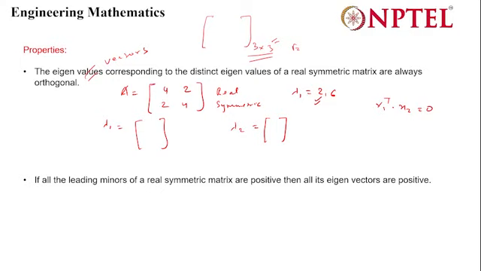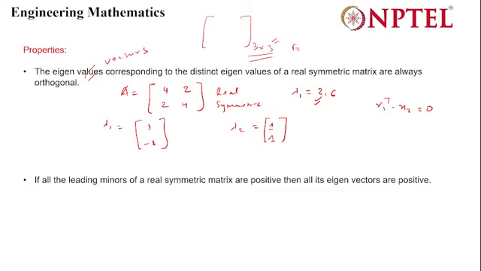Okay. Correct. For lambda equals 6, 1, 1. Correct. Is there any problem with anyone? No.